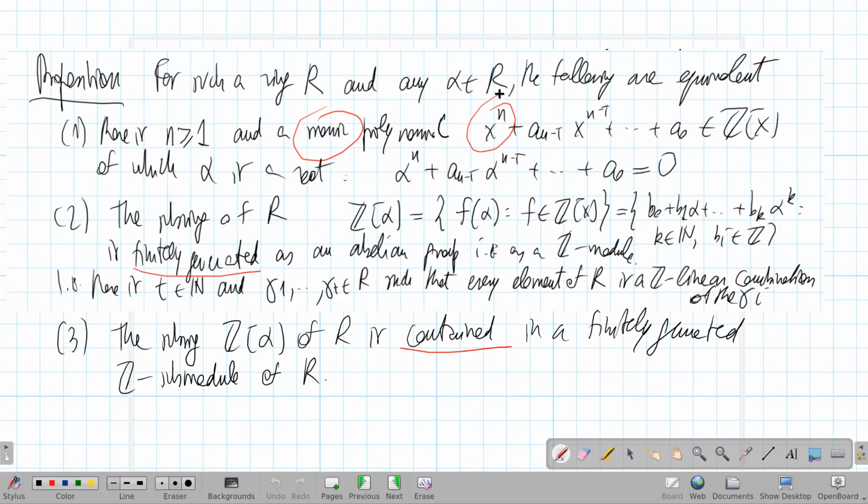So if you take an element alpha of such a ring R, the following are equivalent.